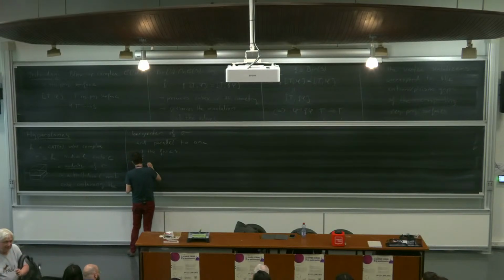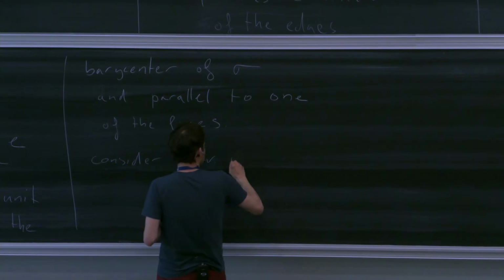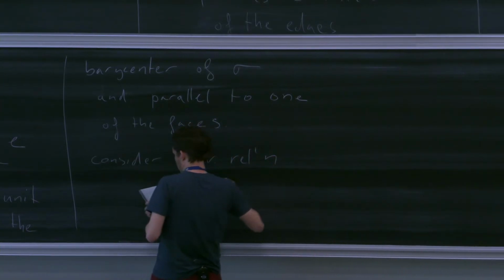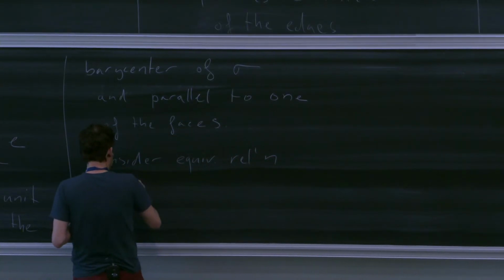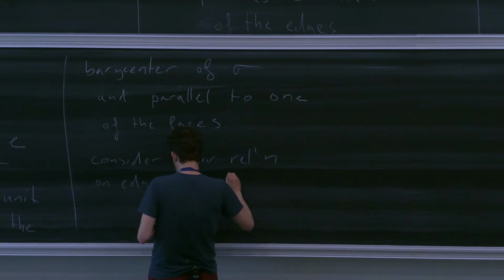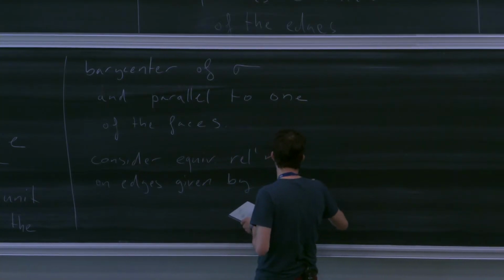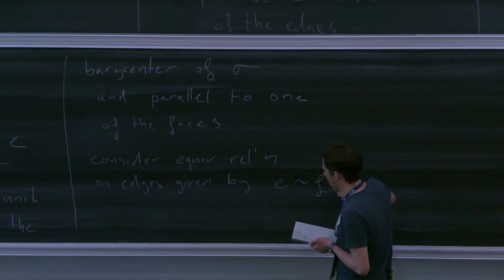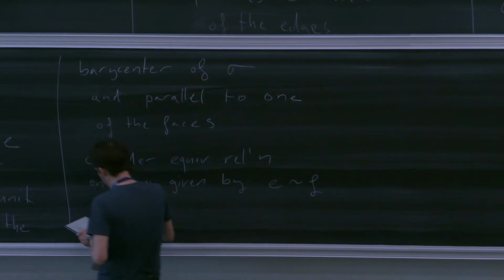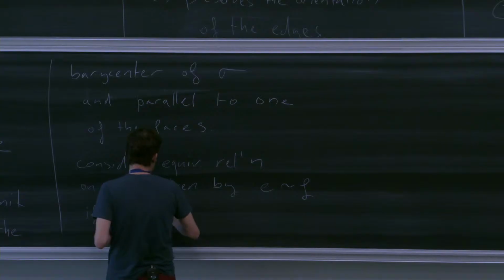So I consider the equivalence relation on edges generated by, we say an edge E is equivalent to the edge F if E and F are parallel in some cube.